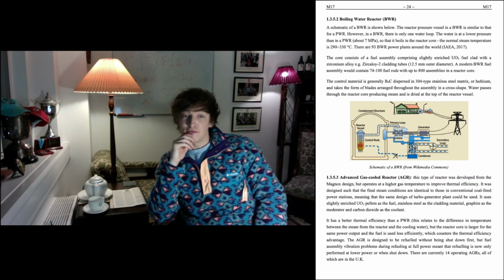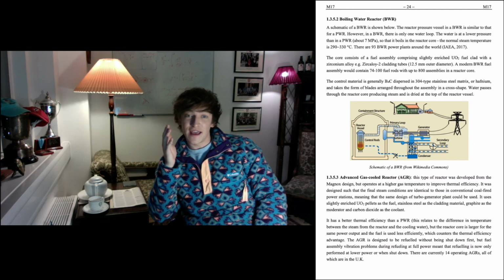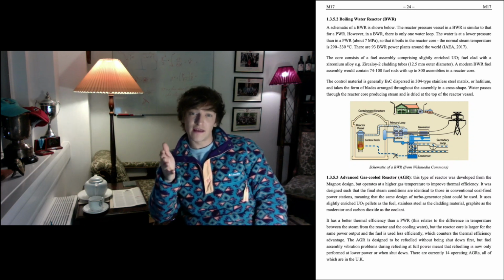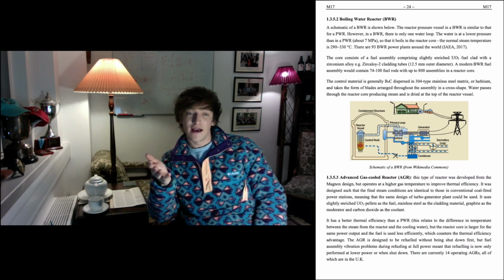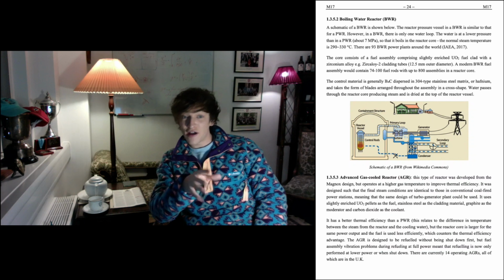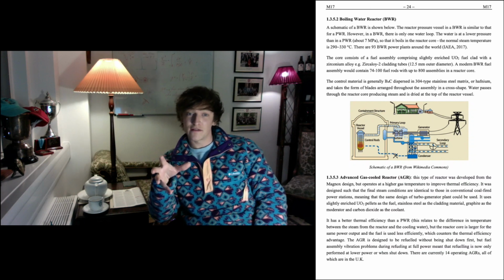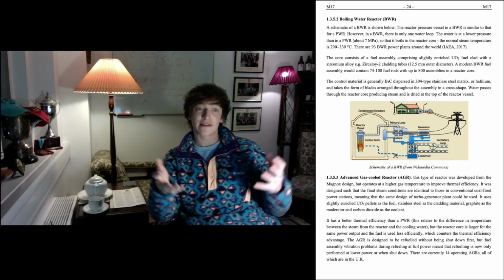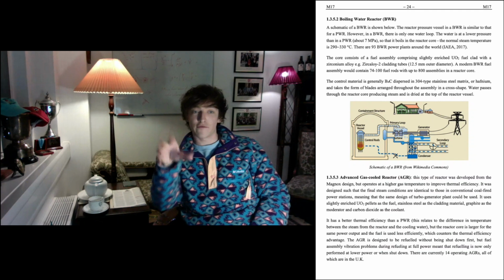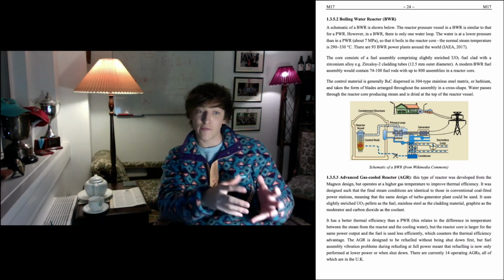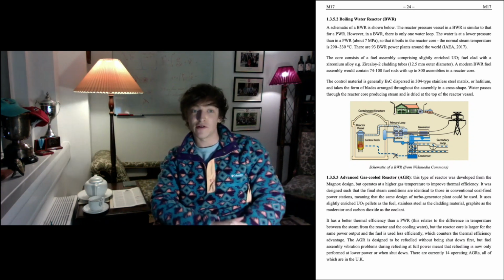And of course, probably you've thought of this yourself, if you only have one circuit, you're going to contaminate your turbines with short-lived activation products. Meaning that in order to run these turbines safely, you're going to need shielding around them, because you've got radioactive steam travelling from the core right through to the turbine, which you wouldn't have with a PWR, because you've got two separate loops.